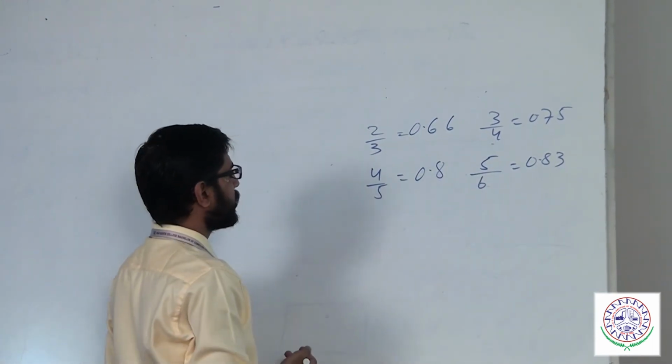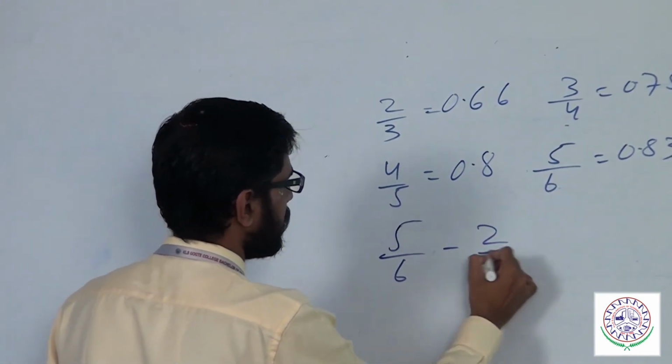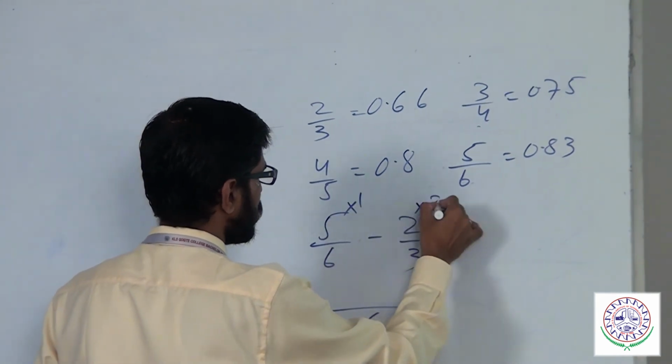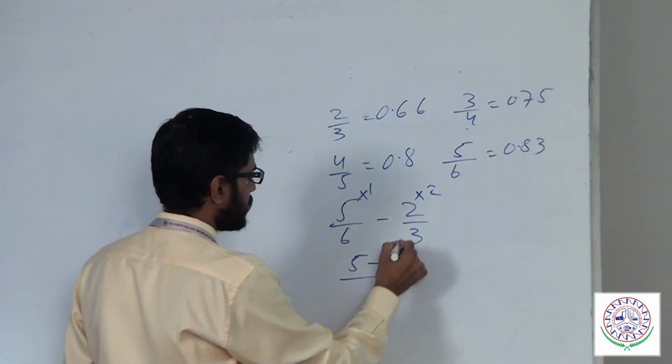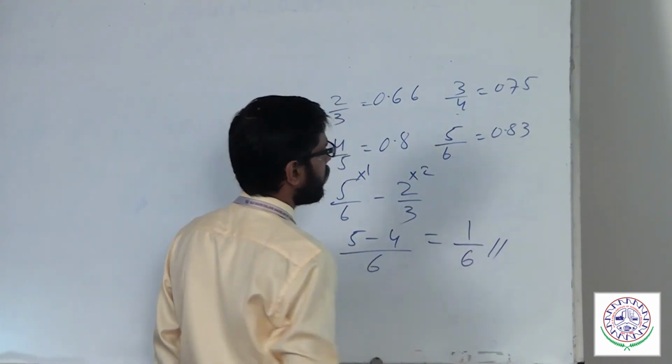If you take the difference of these two with 6 as the LCM, 5 minus 4, the answer will be 1 by 6.